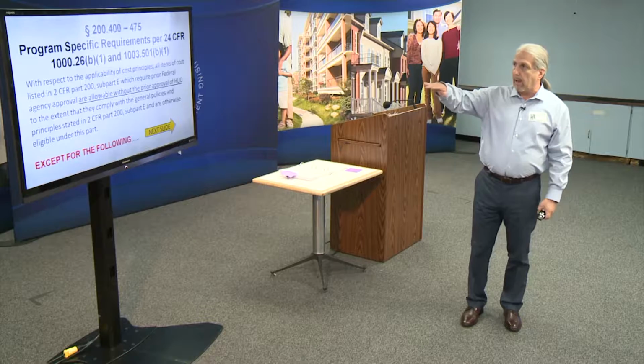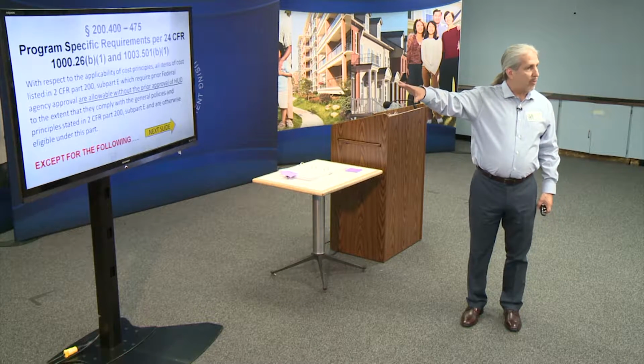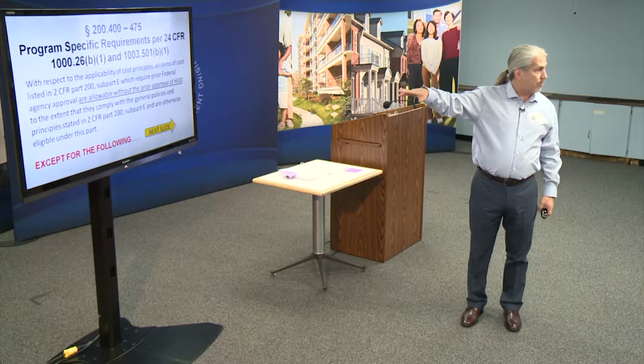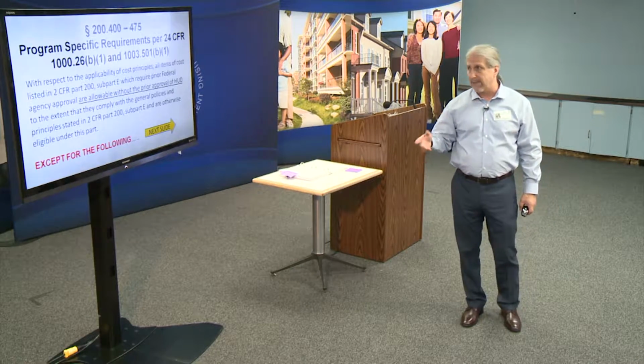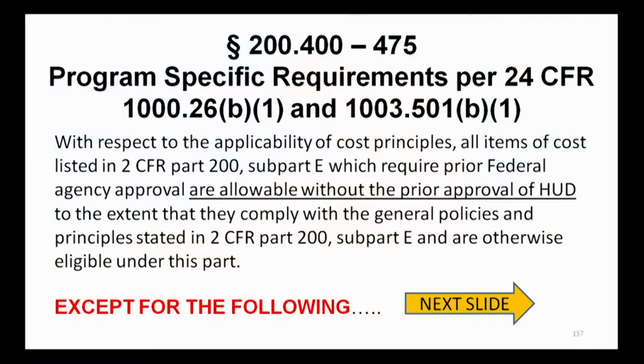So if you look at, and this is pretty much verbatim the same language for IHBG, ICBG. It says, with respect to the applicability of cost principles, all items of cost listed in 2 CFR Part 200, subpart E, which require prior federal approval, are allowable without the prior approval of HUD. So that's pretty earthy. We've had that along.